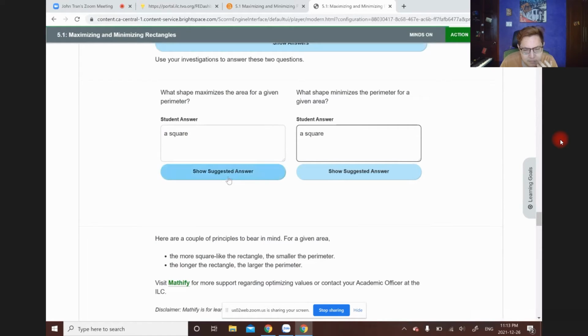Are you sure? Minimize and maximize cannot be the same shape, isn't it? Sure about that?